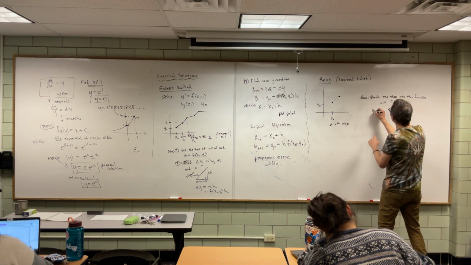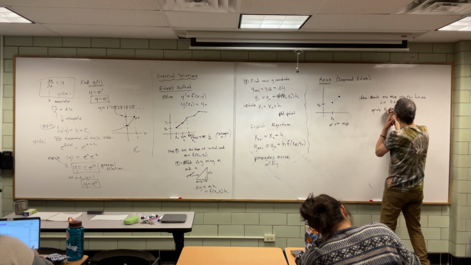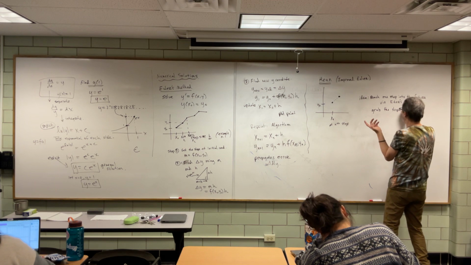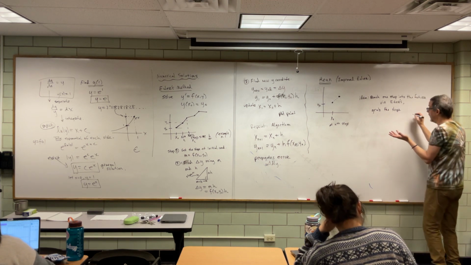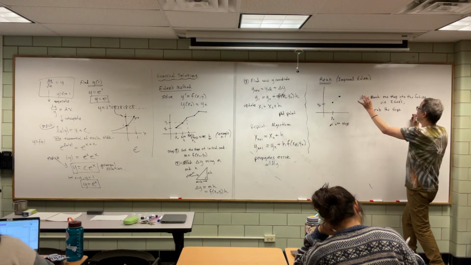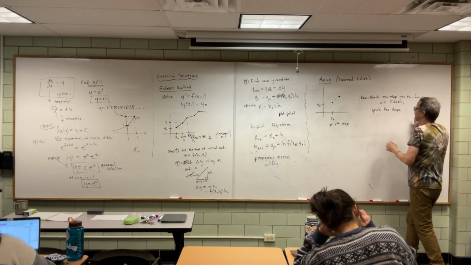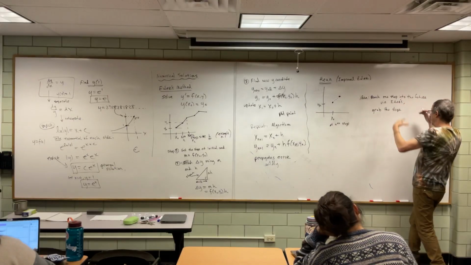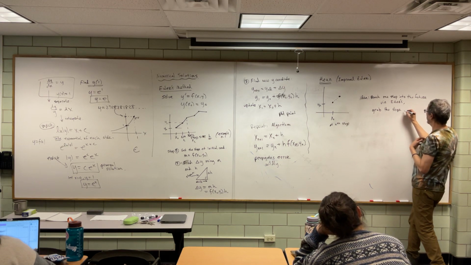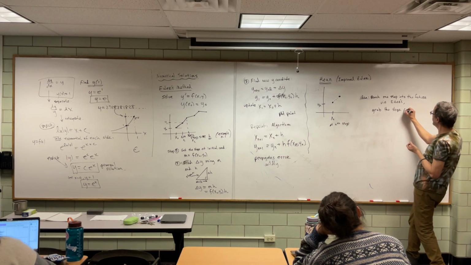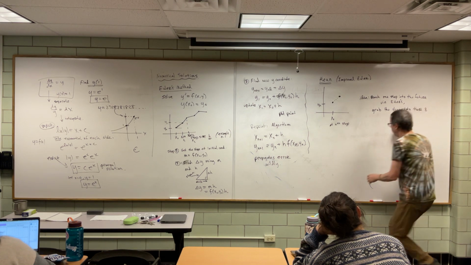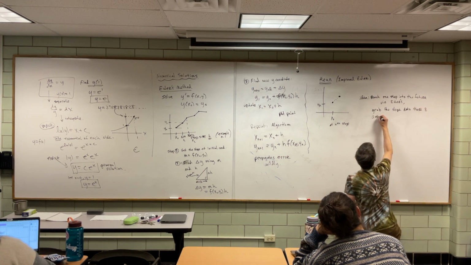Grab the slope data from that predicted point. That's not an actual point, that's a prediction. But that slope data is probably closer to the truth, or at least it's more information than you had about the future when you were just using one point. Grab the slope data there and average with the current slope data.